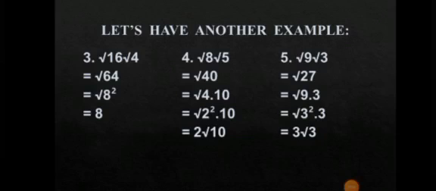So the factors of 27 are 9 and 3. So square root of 9 times 3. Since 9 is a perfect square, we can rewrite it as 3 squared. So the answer is square root of 3 squared times 3. The final answer is 3 square root of 3.